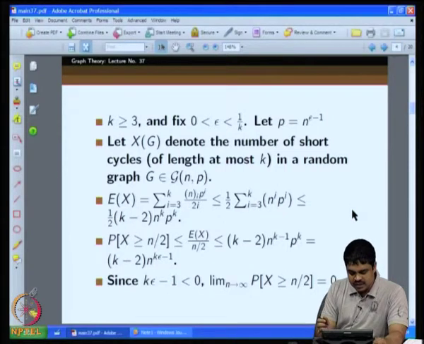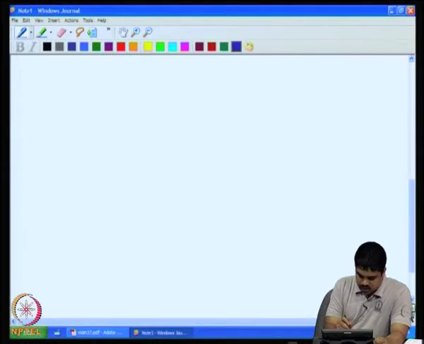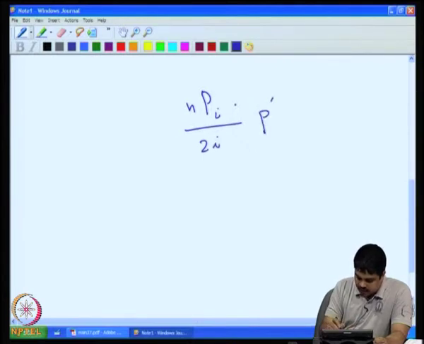Now, we had done this exercise in the last class. How much would be the expectation? We had seen that if we are looking at the expectation of i length cycles, that will be n P i divided by 2i, into p raised to i.